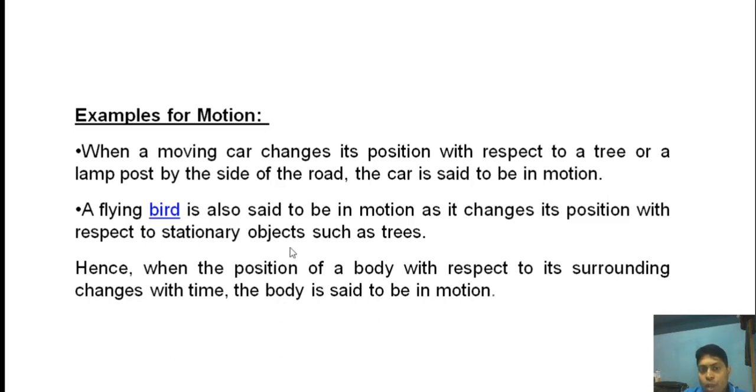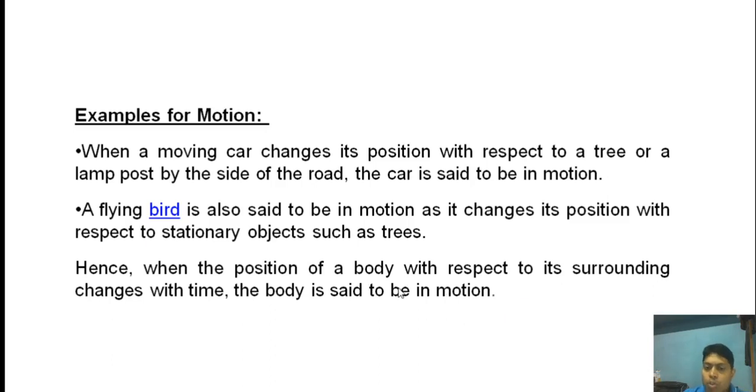So from these two examples, what can we write? We can write: when the position of an object or body changes with respect to its surrounding with time, the body is said to be in motion.